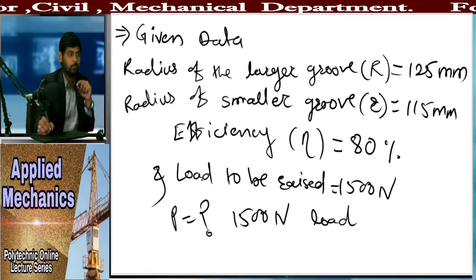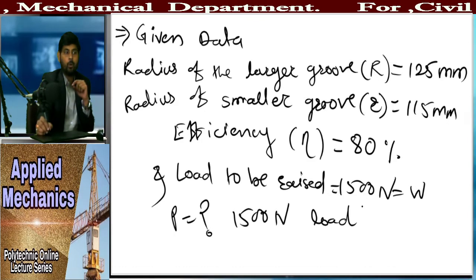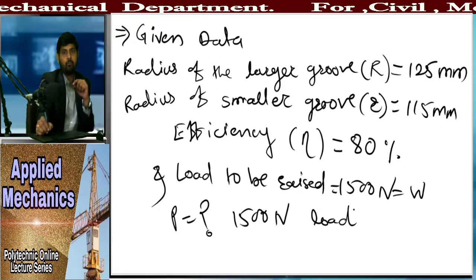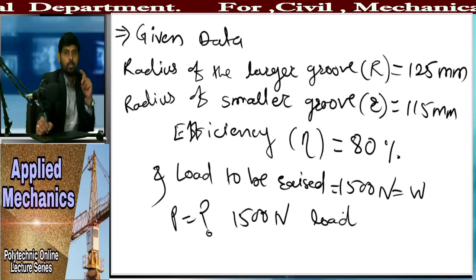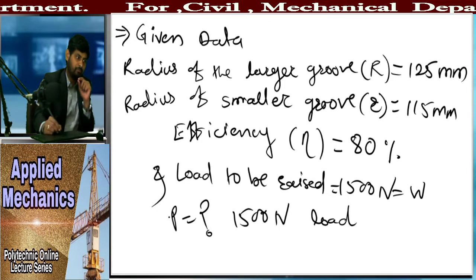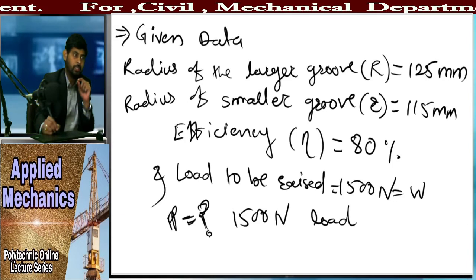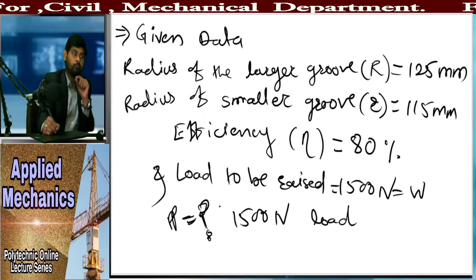So W is nothing but how much? 1500 Newton. Now what do we have to find out? We have to find out the effort required to lift the load. So how much effort is required to lift the 1500 Newton load? That we have to find out.